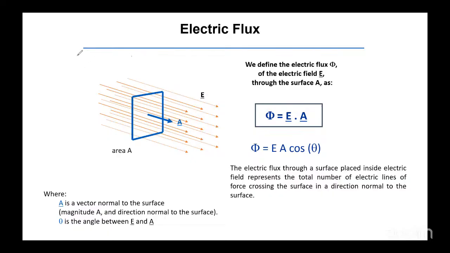Electric flux is always denoted by phi E. The formula is the surface integral of E dot dS. Okay. You can imagine how these arrow marks are all outwards. You can see.